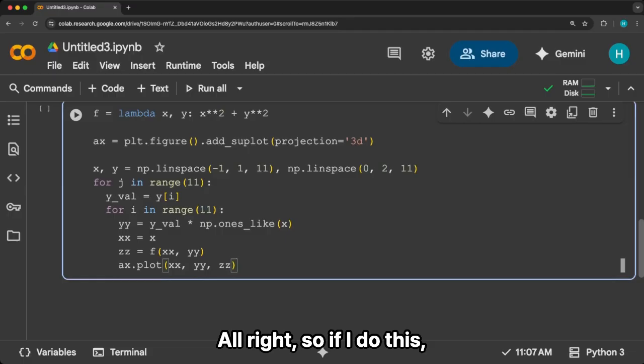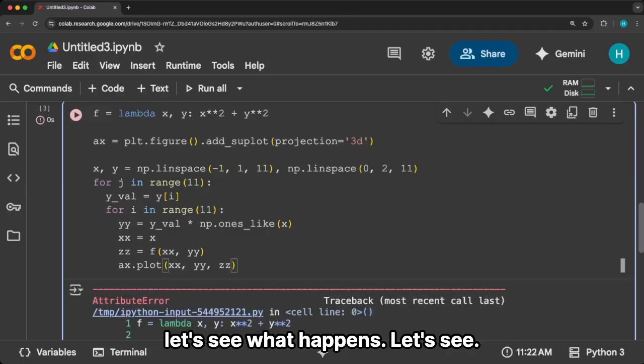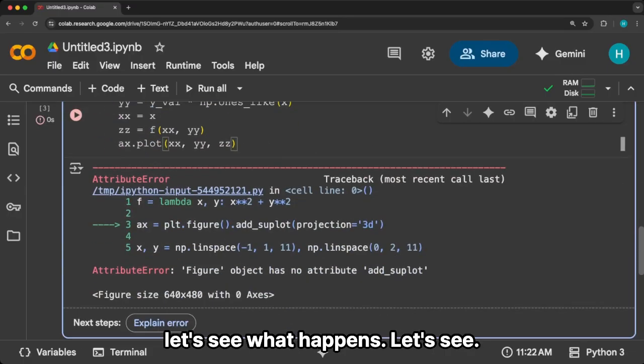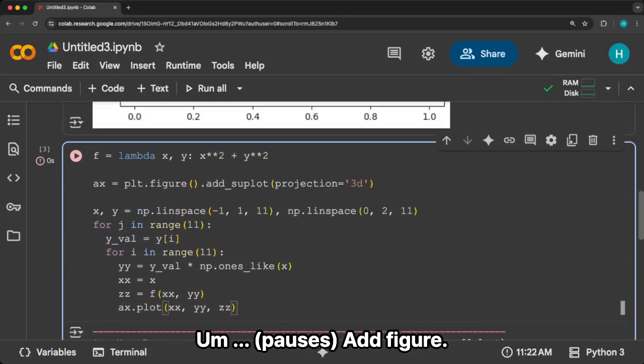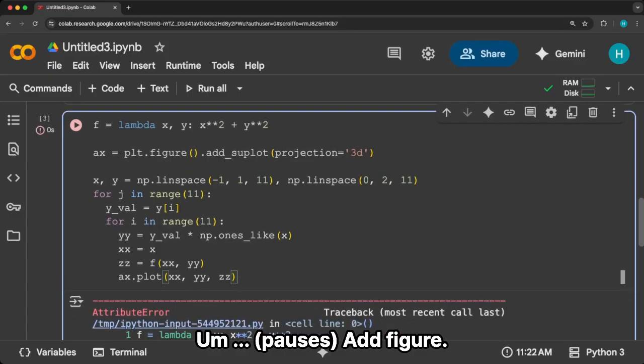All right, if I do this, let's see what happens. Figure.